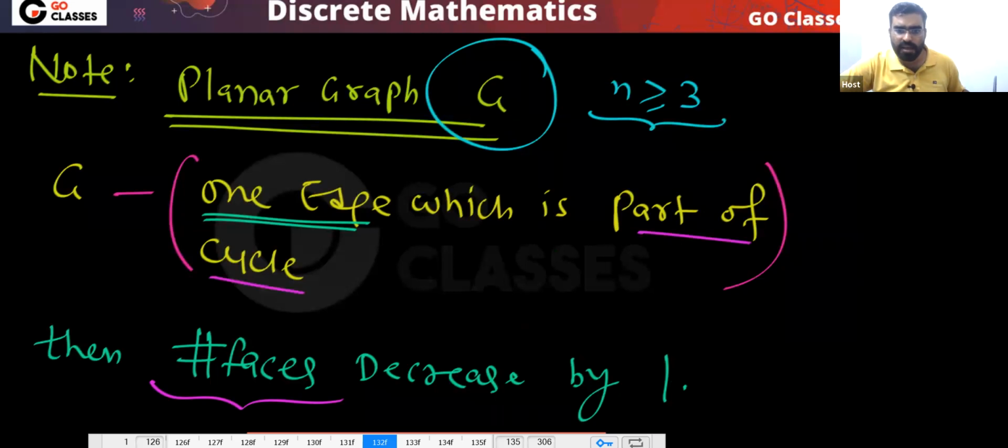And another thing: if I remove one edge which is not part of a cycle, then what will happen?